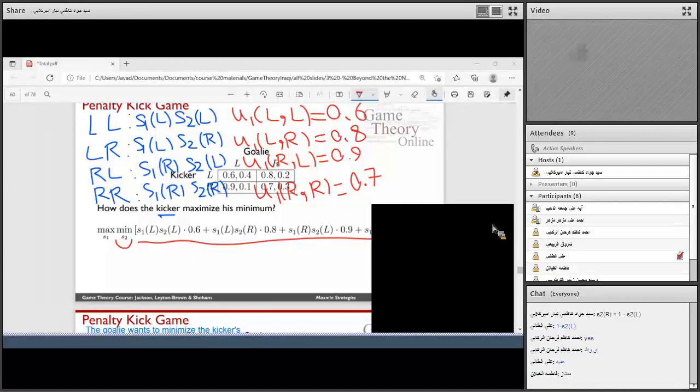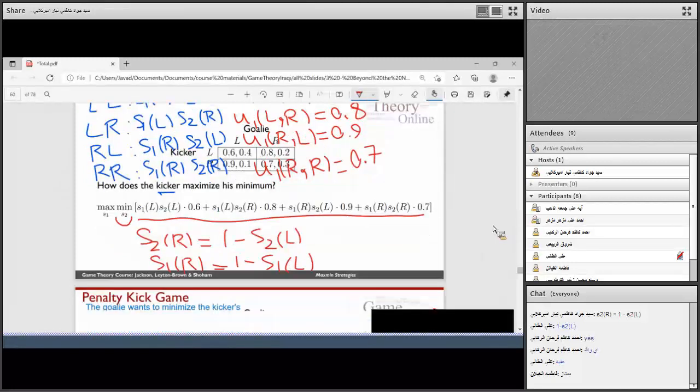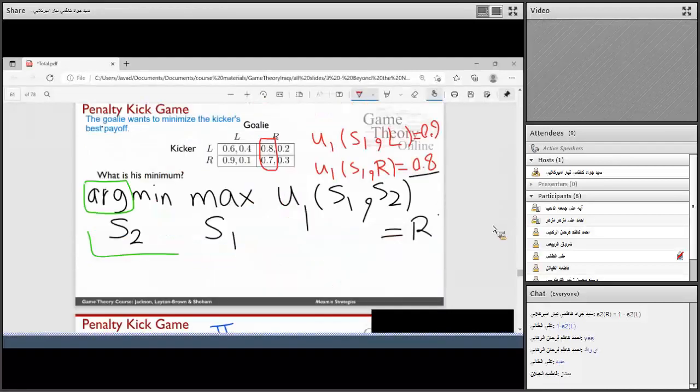Okay, good. Now, I'm going to convert every R into L. So S2 of R becomes 1 minus S2 of L, and S1 of R becomes 1 minus S1 of L. With that, we do another round of cleaning.